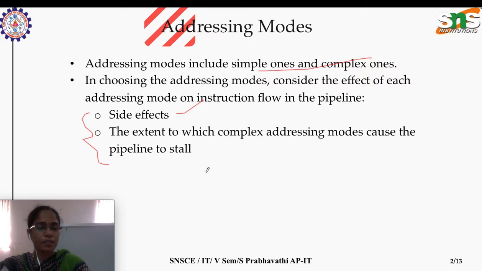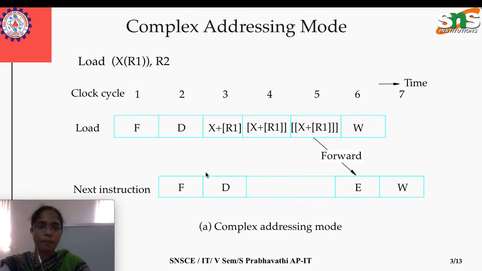If we take it, it will definitely introduce stalls, so that kind of instruction should not be pipelined. We are going to take an example of a complex addressing mode and compare it with simple addressing modes in pipelining.